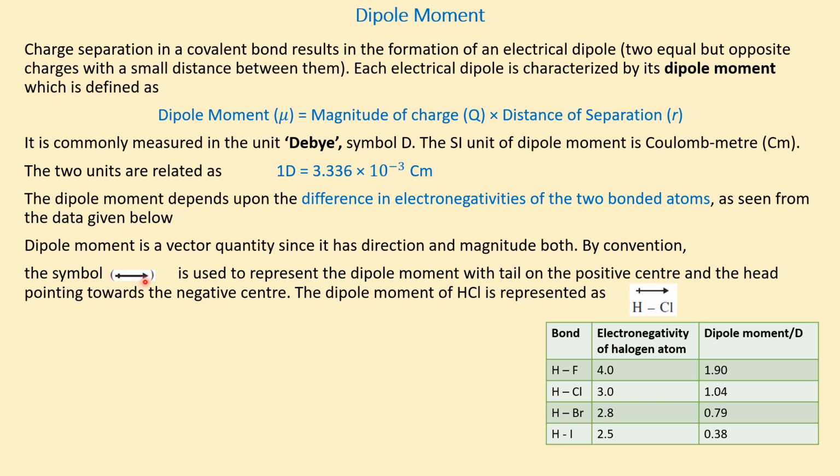So, this is the symbol of a dipole moment, with a positive sign marked on its tail and the head pointing towards the negative center. The dipole moment of HCl is thus represented with the positive end on H and the arrow pointing towards Cl.